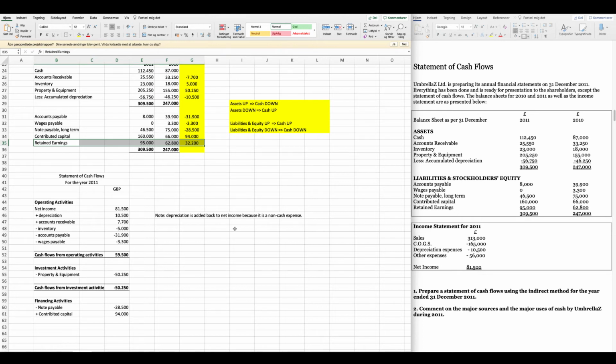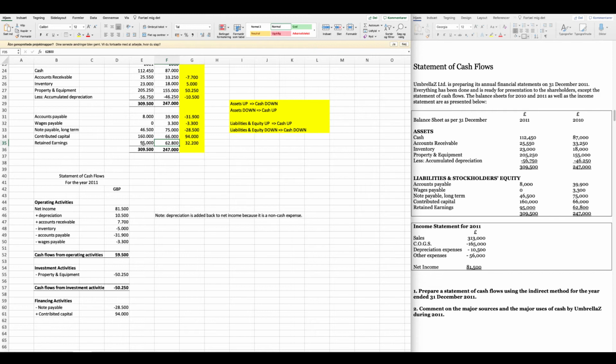But if the change in the retained earnings is lower than the net income, then you will know that something has happened in terms of a dividend payment. Because recall that retained earnings is simply the summation of the net incomes. So if no dividends have been paid out, then we would simply add 81,500 to the existing 62,800, and then we'd get to some new balance here.